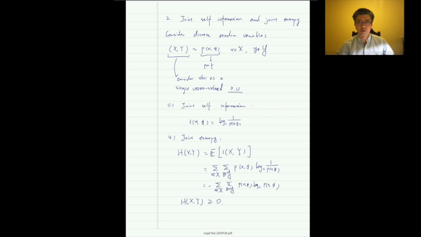Good. So next, let's consider the third topic of this class, which is conditional self-information and conditional entropy.